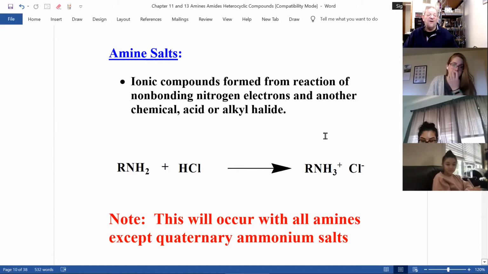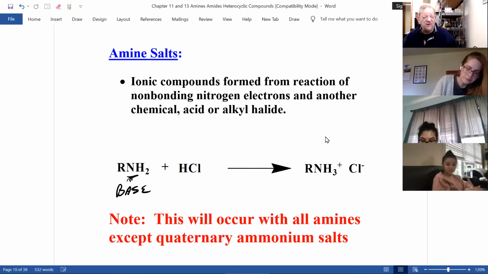All right, now amines, and I'm going to actually change this, are also bases. Or you can say they're basic. And they will accept the proton. This is hydrochloric acid, a strong acid, and you make an amine salt. If I could spell it right.